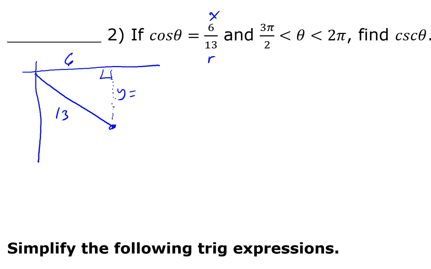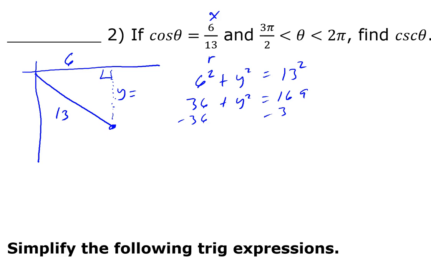I'm going to have a choice to make, and I'm going to purposefully pick the negative value because the y value is down. So anyway, the Pythagorean Theorem says x squared plus y squared should equal the radius squared. So 36 plus y squared is equal to 169.